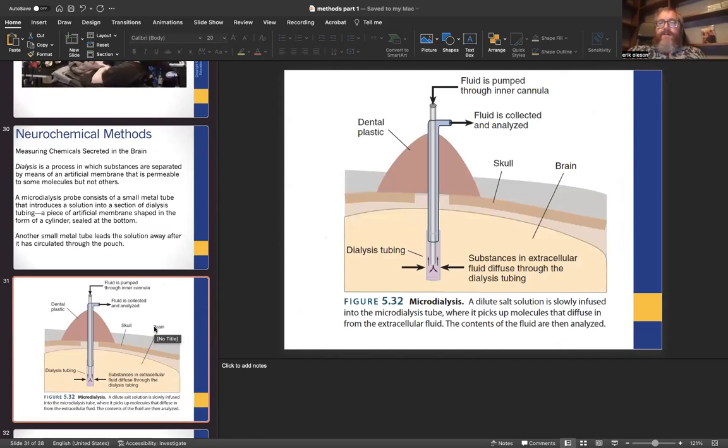So simply put, think of the microdialysis tube as a cheesecloth, or a sponge, if you will, like just a little tube with some holes, a little filter.